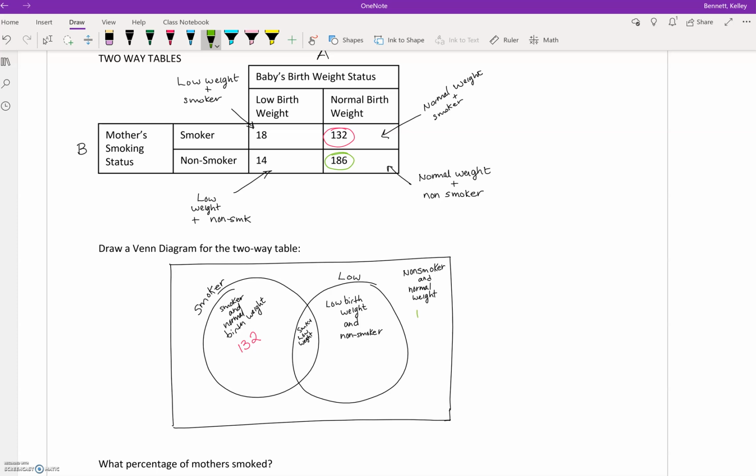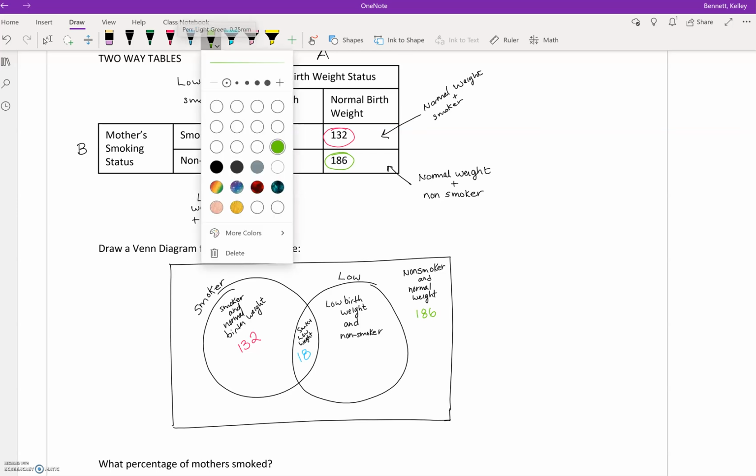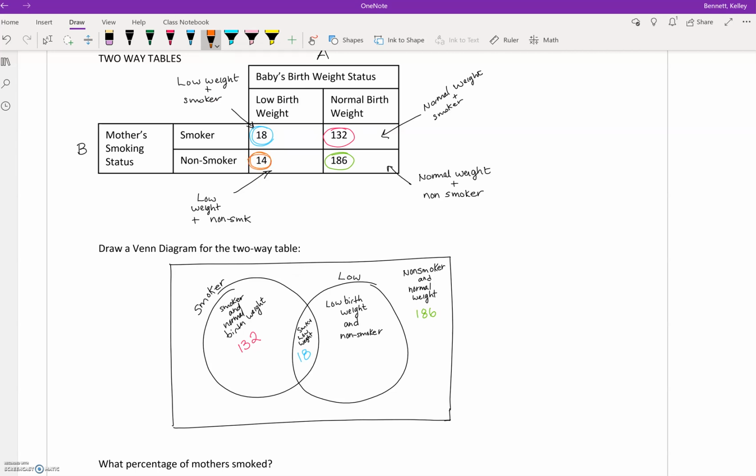So that's here, 186. I'm kind of just figuring out where all my labels are. I also have low birth weight and smoker. So that's right here in the middle, 18. And then I also have low birth weight and non-smoker. So that last one goes right here. So now we've corresponded all the pieces from the table and put them into the Venn diagram.